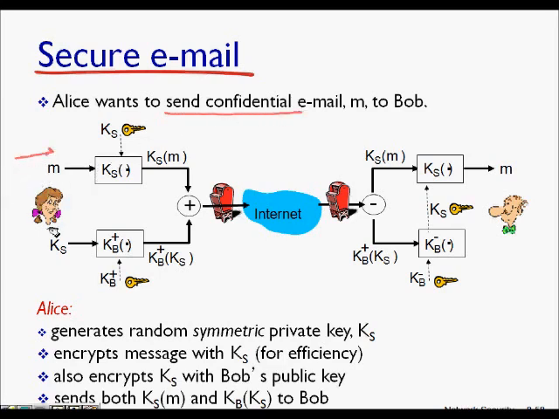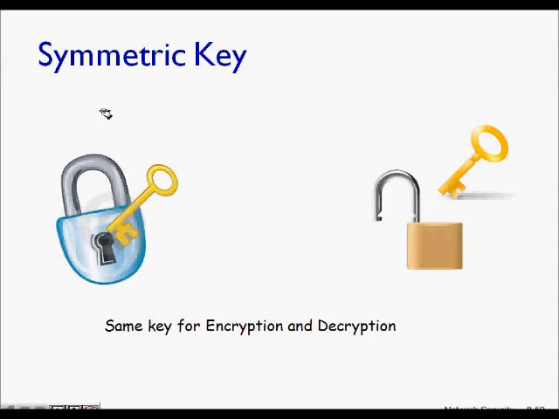To understand how we can send a confidential email, you need to know about symmetric key encryption and public key encryption. Symmetric key is where you encrypt the message using the same key as you do the decryption.